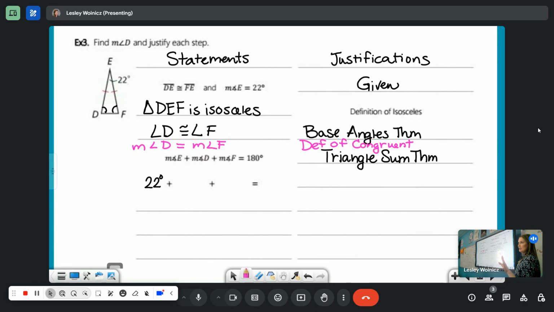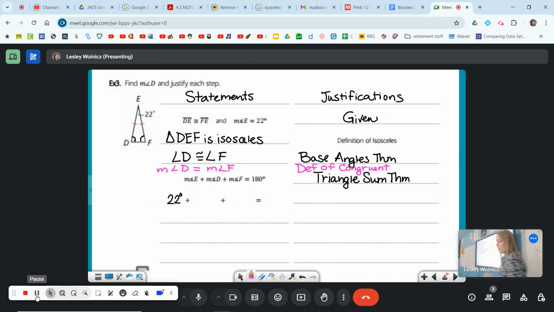Does everybody see why we need that step before we make our substitutions? Here's the thing, if we only have one unknown, we can solve the equation for the unknown. If I have two unknowns, can I solve that equation? Thank you. All right, so now that I've said that these two are equal, I want to find the measure of angle D. So do I want to keep angle F around anymore? Is that the one I'm solving for? No. It really makes no difference because we know that they're congruent.